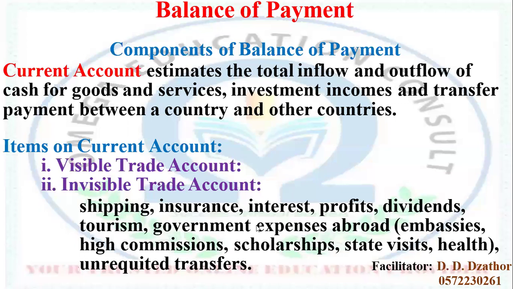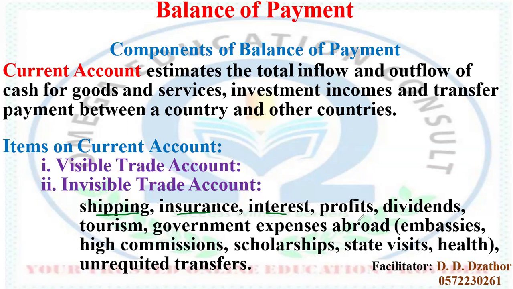So we have some examples of them: shipping, insurance, interest, the amount of money that will flow into the country based on the interest that the country has gained, or the amount of money that will go out of the country based on companies in the country that have made interest.